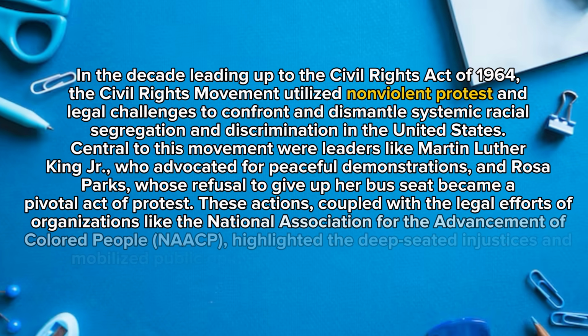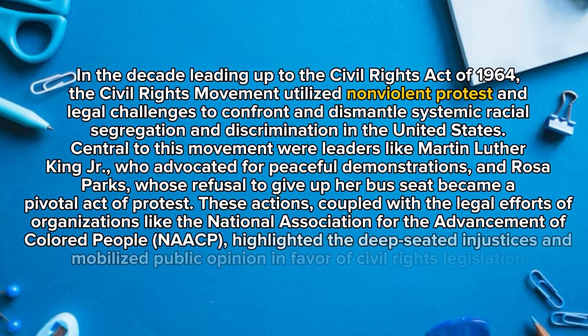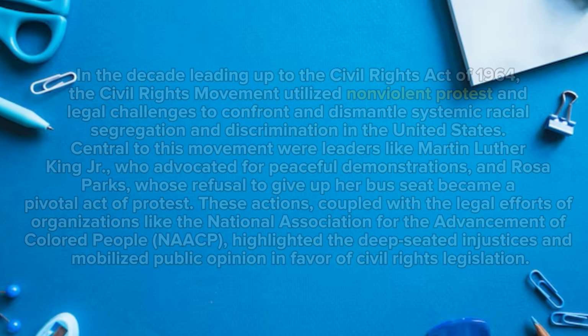These actions, coupled with the legal efforts of organizations like the National Association for the Advancement of Colored People, NAACP, highlighted the deep-seated injustices and mobilized public opinion in favor of civil rights legislation.